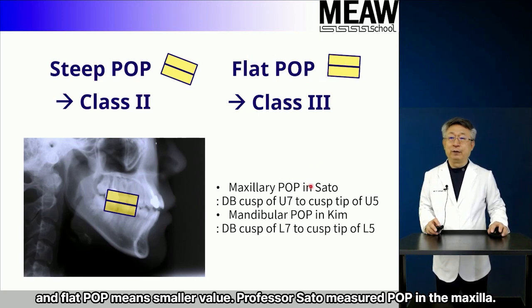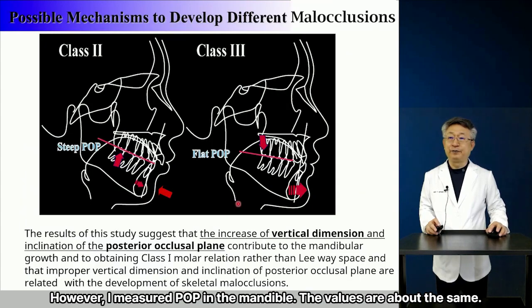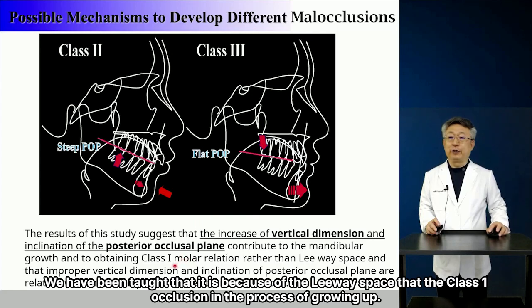Professor Sato measured POP in the maxilla. However, I measured POP in the mandible. The values are about the same. We have been taught that it is because of the leeway space that Class 1 occlusion is achieved in the process of growing up.